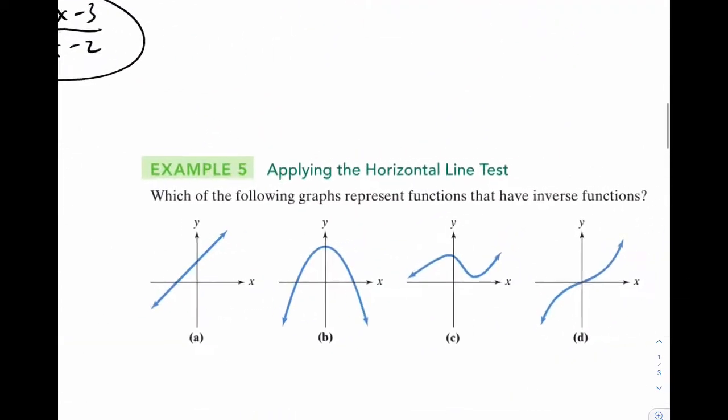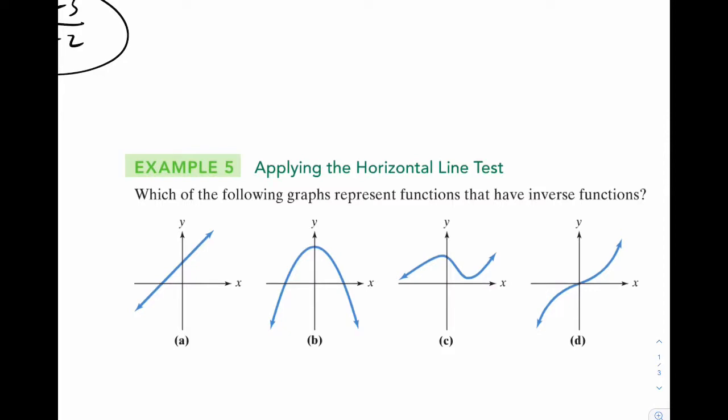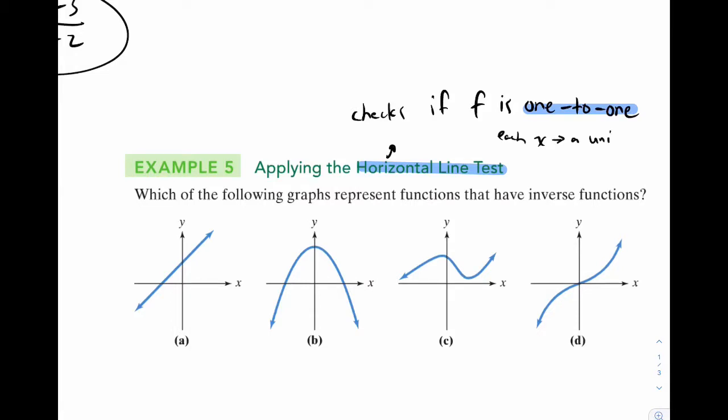And the final thing is right here, applying the horizontal line test. So highlight horizontal line test. What that test does is it checks if your function f is 1 to 1. So 1 to 1, highlight that, that's going to mean each x goes to a unique y.